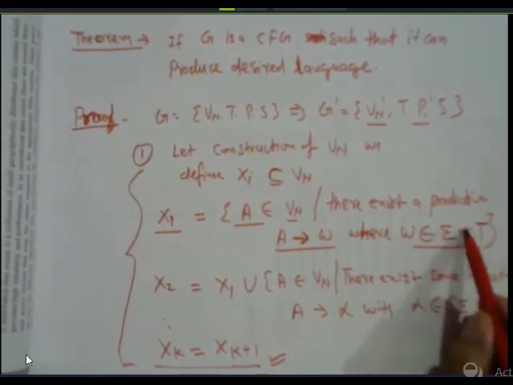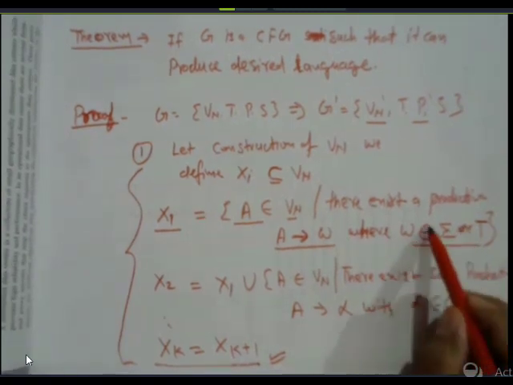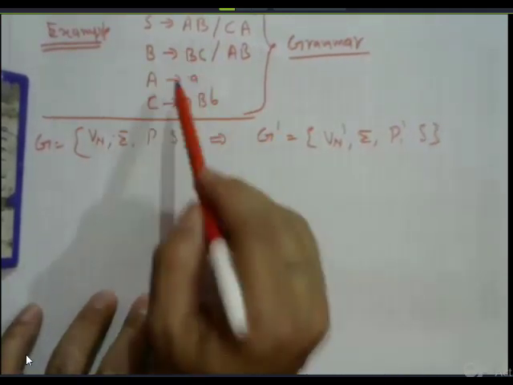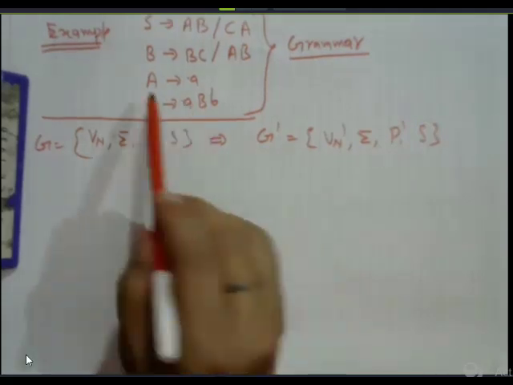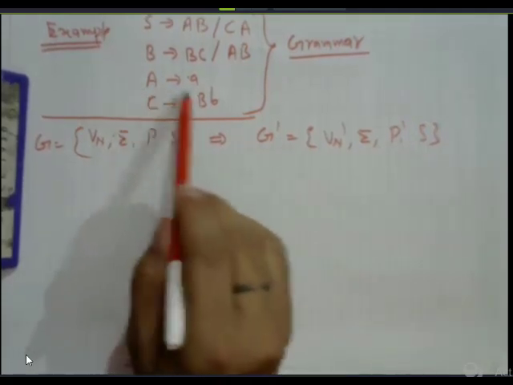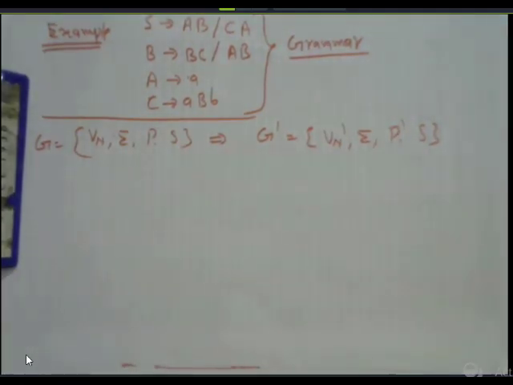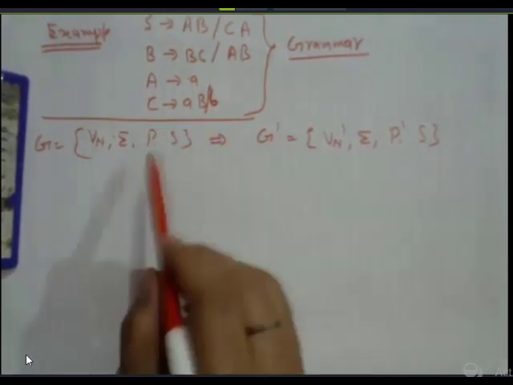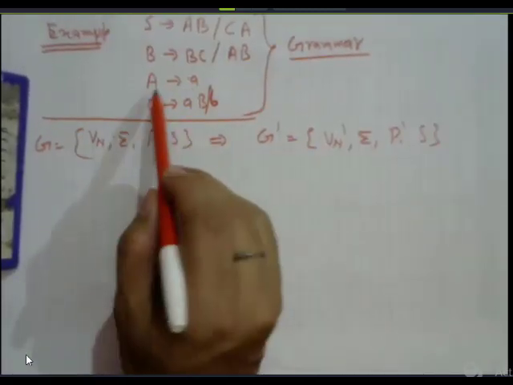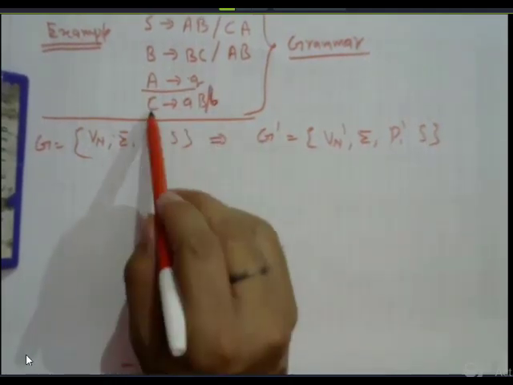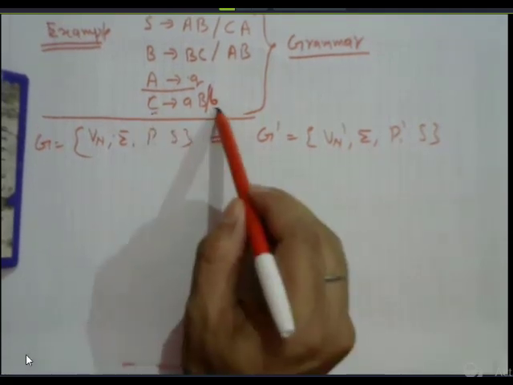The terminal symbol, or that which can derive the alphabets. Then in this grammar there are symbols which can derive the alphabet. That symbol is A. There is only A that can derive the alphabet a, and there is again a symbol C which can derive the alphabet b.